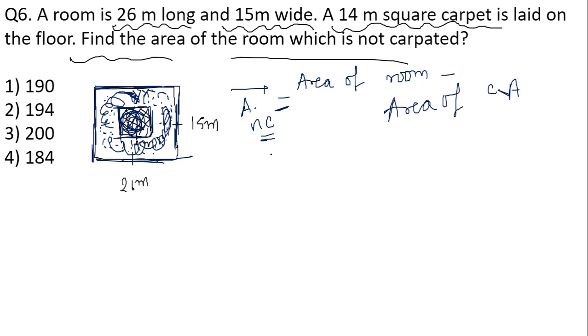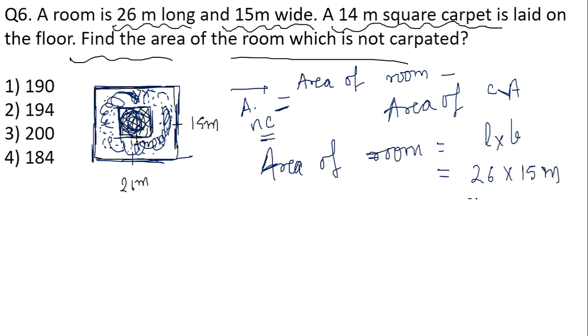Now what is the area of the room? We know the area of the given room is equal to length into breadth. So what is the length? 26 meter into breadth, which is 15 meter. We'll get the area from this.